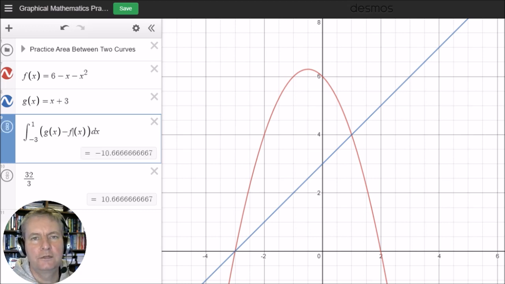You'll see that the answer is minus 10.666. So obviously you're not going to get a minus area. So the actual answer is 10.666, and it just tells us that you've got these round the wrong way. So there's not necessarily a wrong way of doing it. As long as you know when you get a minus answer, the actual answer is positive.